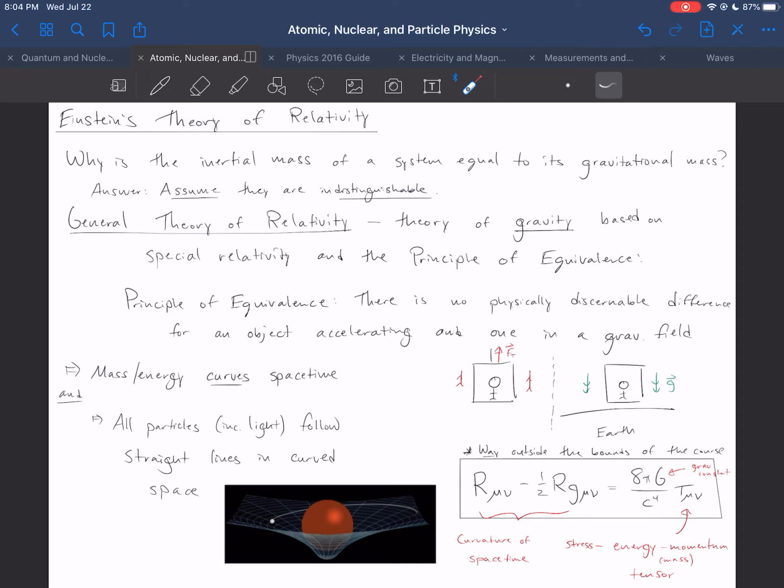Instead, it is fundamentally true. That's a postulate. And the version of that postulate is the principle of equivalence. And with the principle of equivalence plus the special theory of relativity, which is still true, you can derive the general theory of relativity, which is this particular description of how the world works.